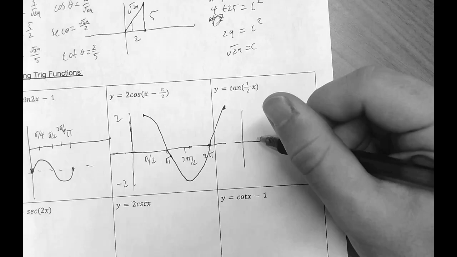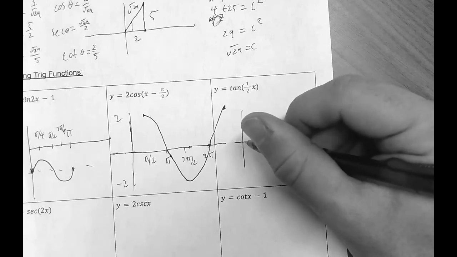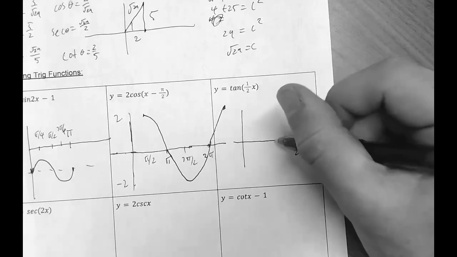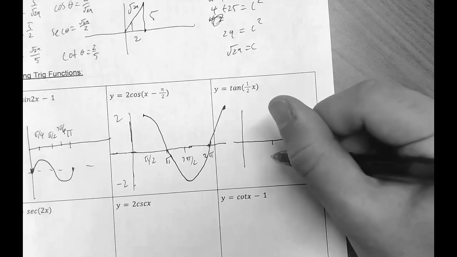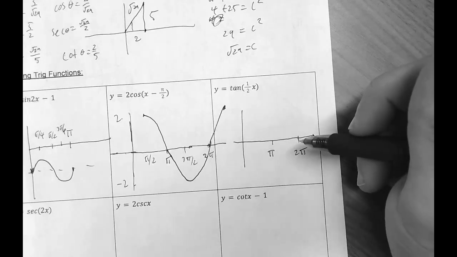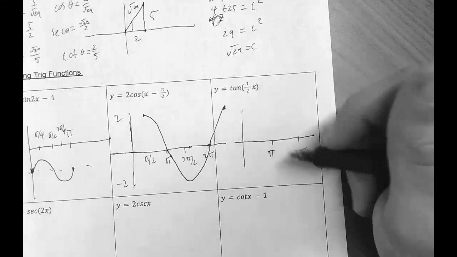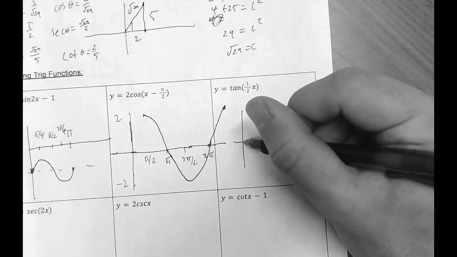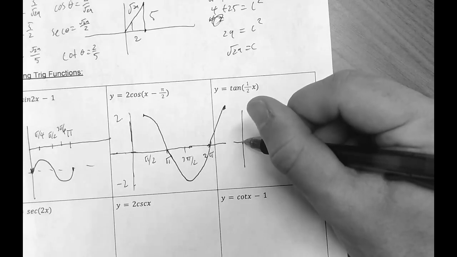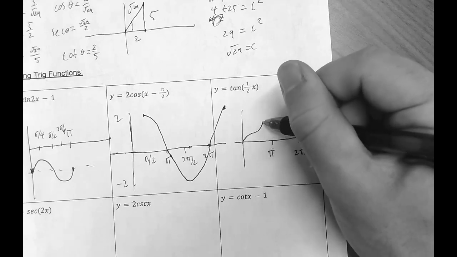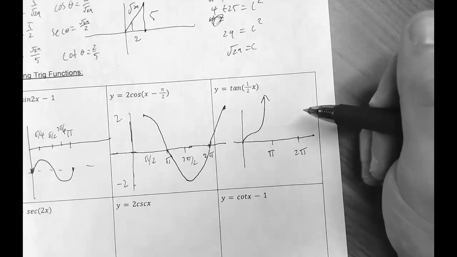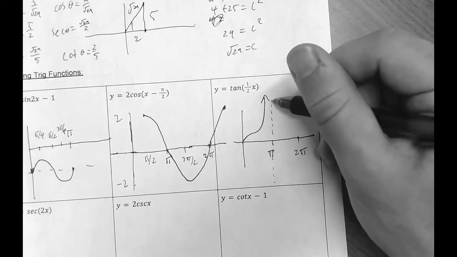We're going to have, normally we'd have a vertical asymptote at pi over 2, but it's actually going to be at pi because of this 1/2 here. And the way we're going to look is like this, with this vertical asymptote here.